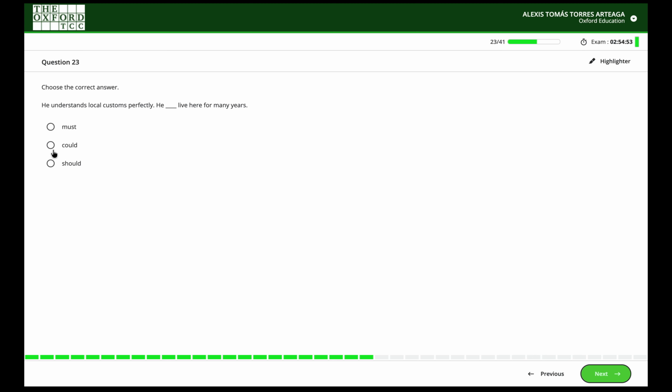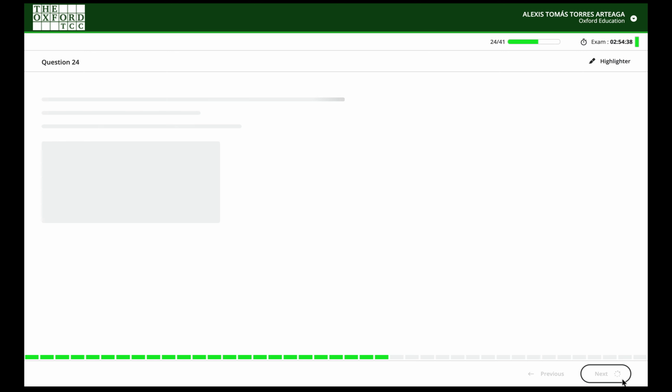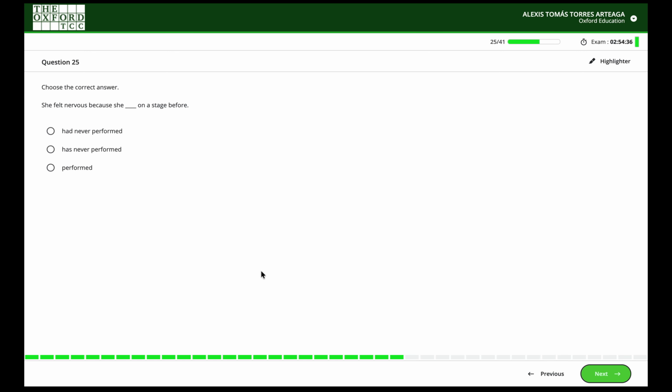He lived here for many years. He must live here. The engine is quiet, but the car won't start. There might be a problem with the battery. She felt nervous because she has never performed.